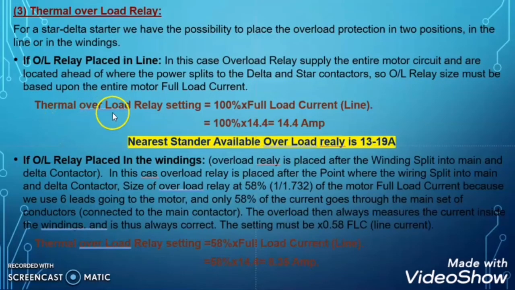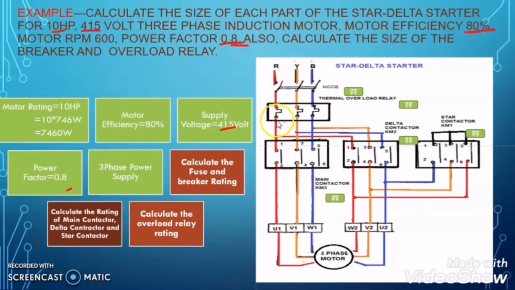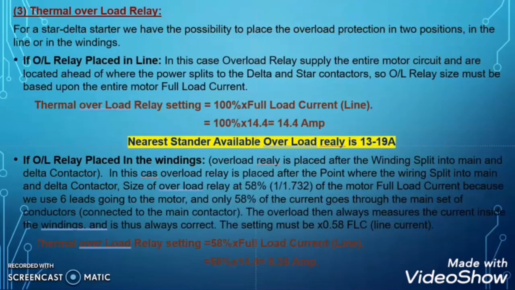Now let us discuss the first case, when the overload relay is placed in the line. It means I'm talking about this example, when the overload relay is placed in the line, okay? So if the overload relay is placed in the line, then it will supply the entire motor. And this overload relay will be ahead of where the power is split to the delta and star contactor.